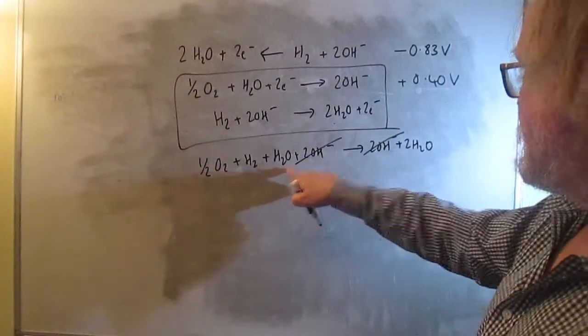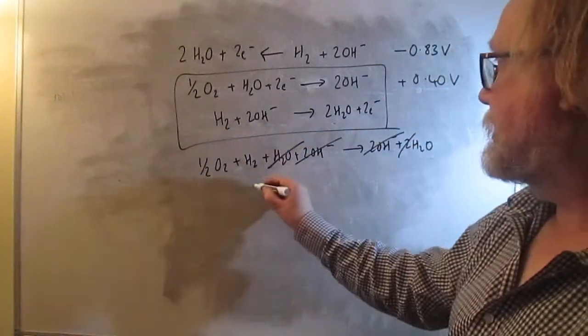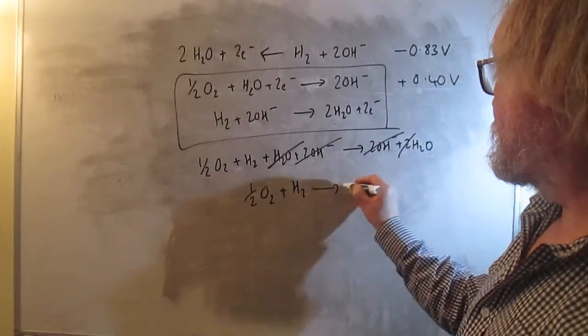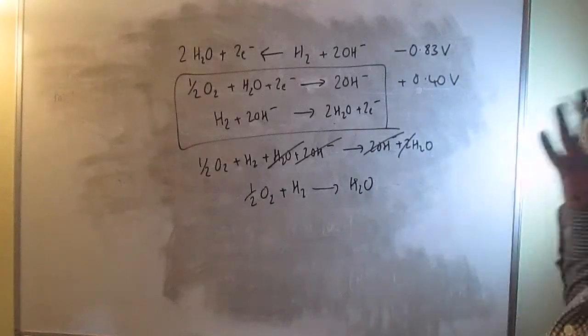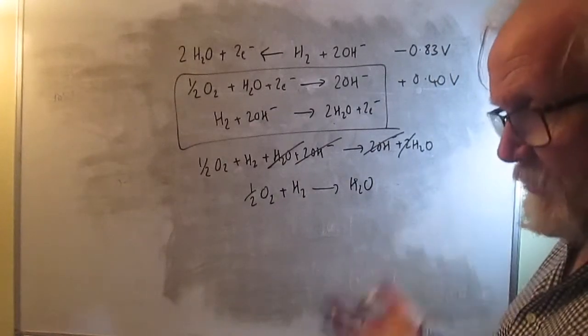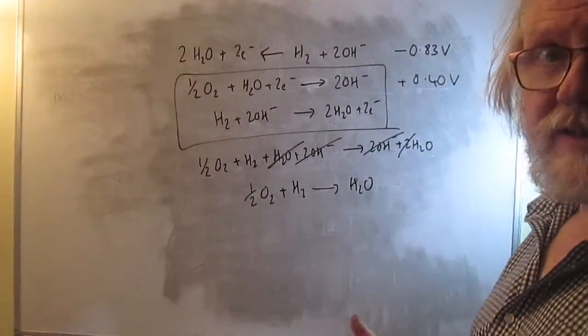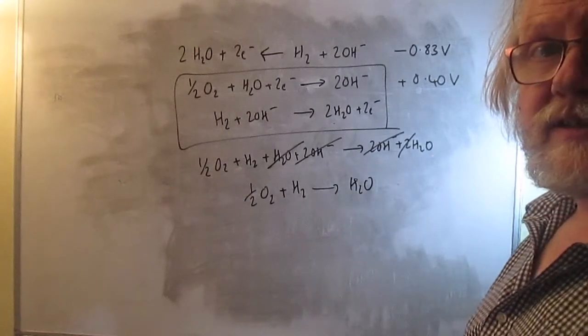And we've got 1 water here and 2 there, so that's going to go down to 1, and we're left with a half O2 plus H2 goes to H2O, which is indeed answer D. So you could do it formally just to check if you weren't pressed for time, but remembering that these fuel cells just have the same effect as the combustion reaction would have been the quick way to get that correct answer.